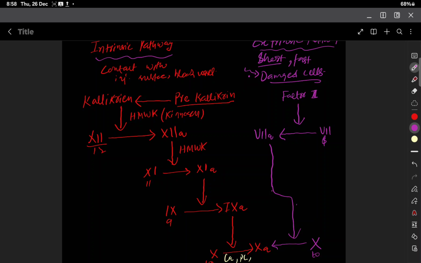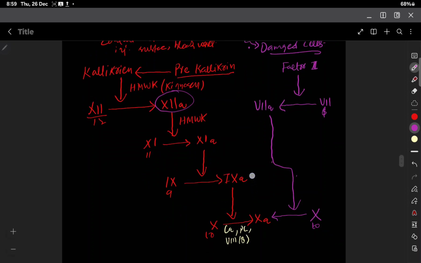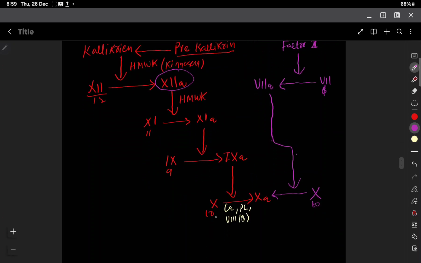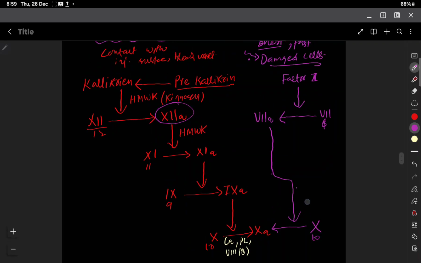This high molecular weight kininogen or kallikrein acts on factor 12 and converts it into the activated form of factor 12. Then activated factor 12 converts factor 11 into activated factor 11. Then factor 11 acts on factor 9 and converts it into activated factor 9. Then factor 9 acts on factor 10 and converts it into the activated form of factor 10.